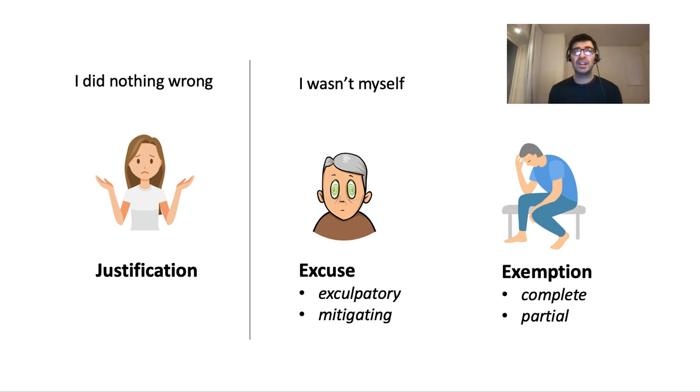And given that the friend had this strong fear of airports, it seems it would just be wrong to hold him morally accountable for not showing up. And that would be what Franklin calls an excuse. Your friend is absolved in that particular case from moral accountability, either completely if the excuse is exculpatory, or partially if the excuse is mitigating.